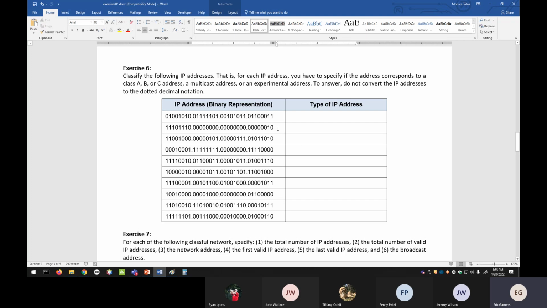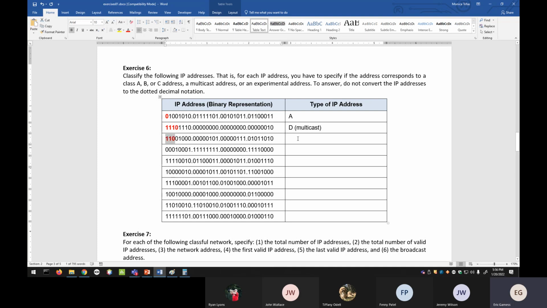What can I say about the first one? A. Why? I just have to check the first byte. It's A. What can I say about the second one? It's multicast. So this one is A, this one is D, or multicast. What about this one? This one is C, correct.